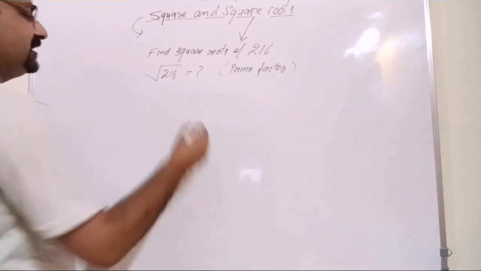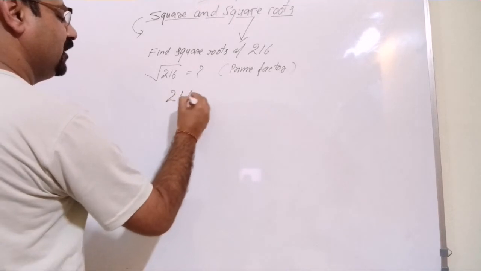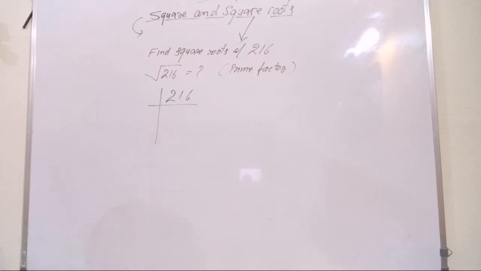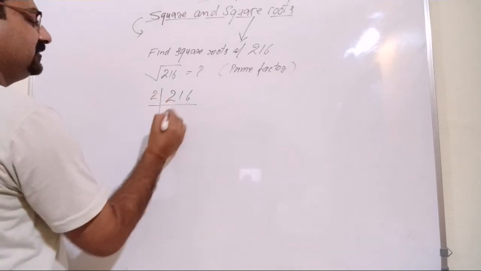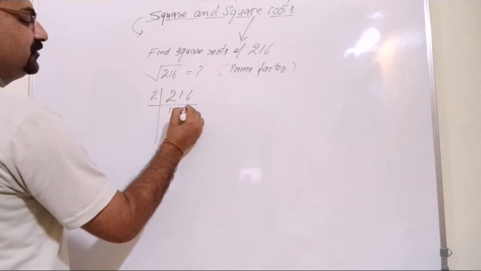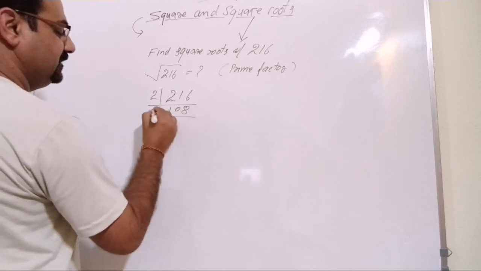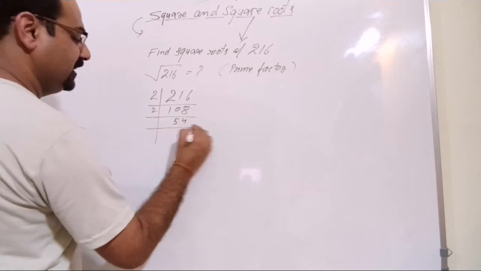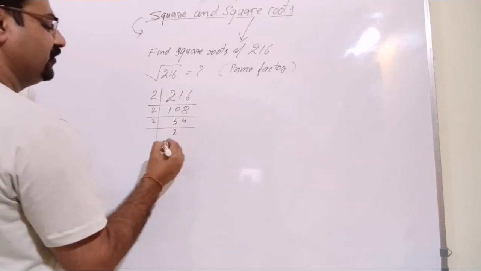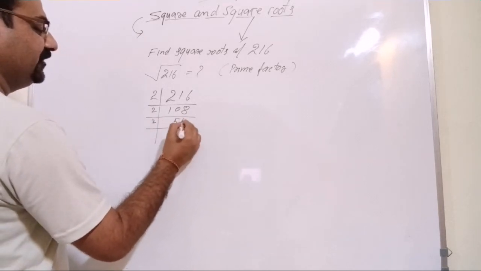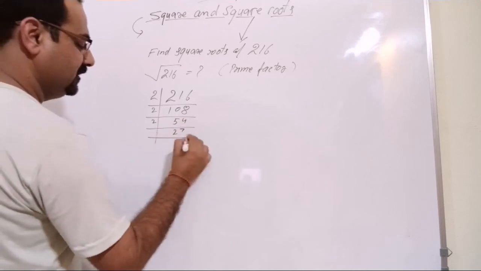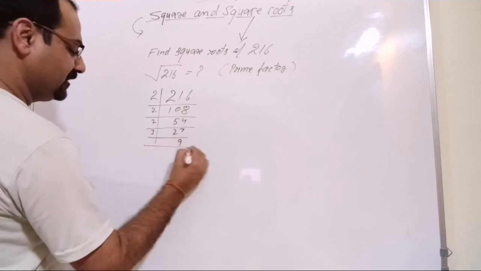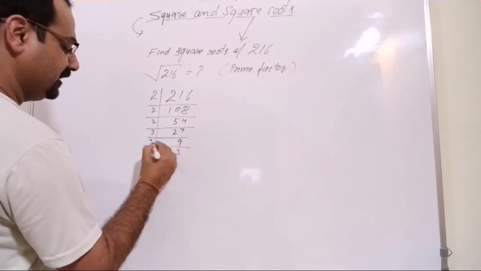Prime factorization, you know how to make the factors of 216, because this is an even number, so we divide by 2. 2 ones are 2, 2 eights are 16, again this by 2, 5 twos are 10, 4 twos are 8, again by 2, 2 twos are 4, 7 twos are 14, then 3 nines are 27 and 3 threes are 9.